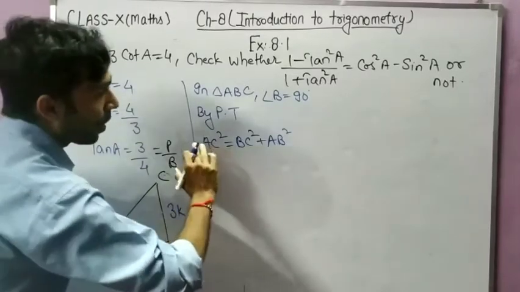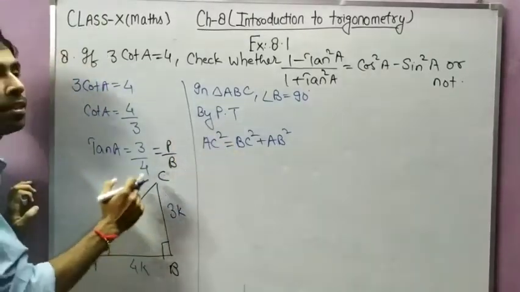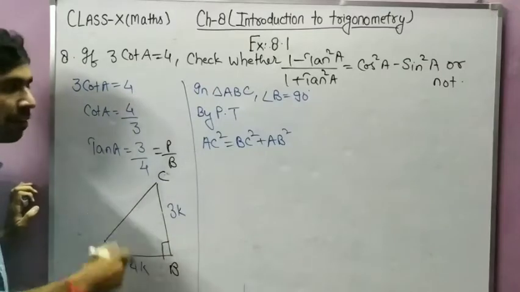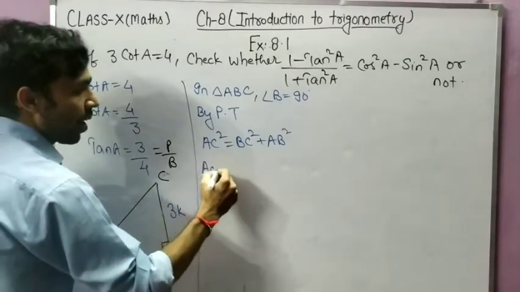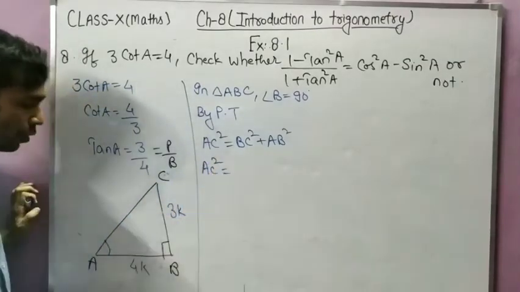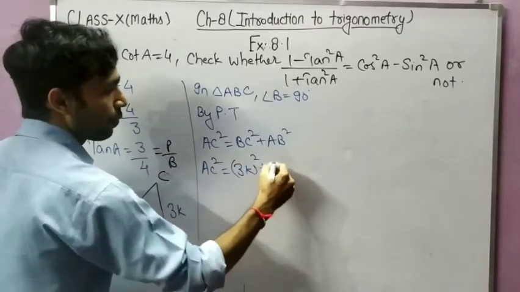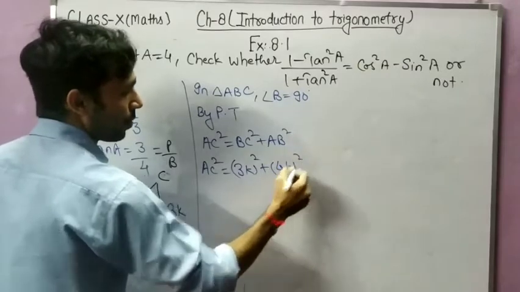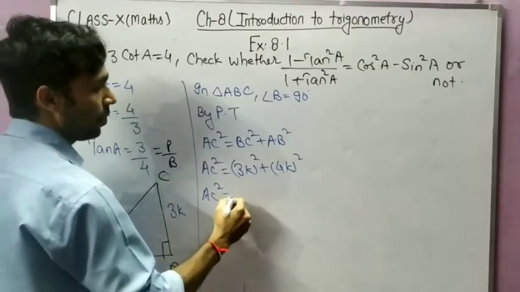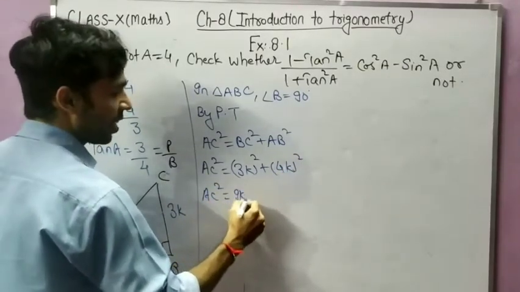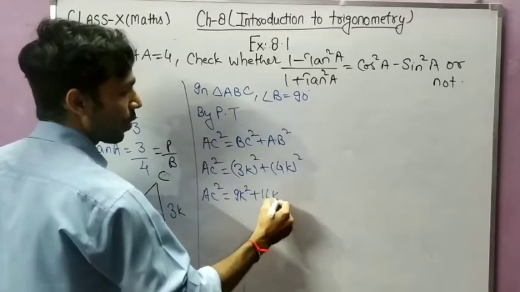So now by applying Pythagoras theorem in triangle ABC, we can find AC. So AC square will be equal to the value of BC, student, 3k square, plus 4k square. So AC square will come 9k square plus 16k square.